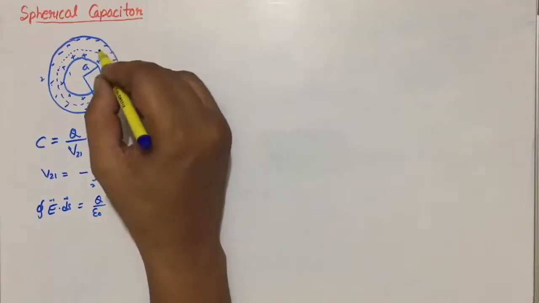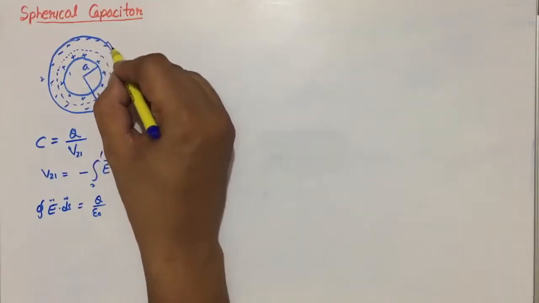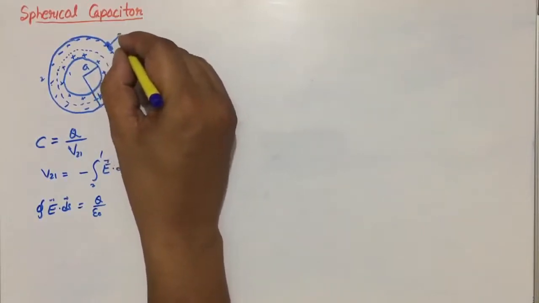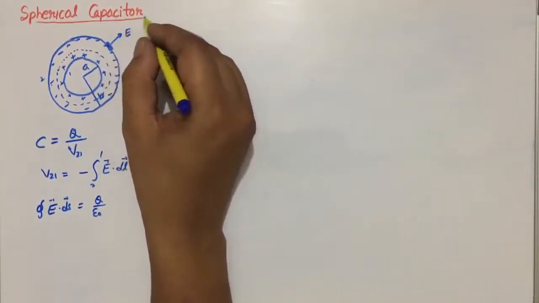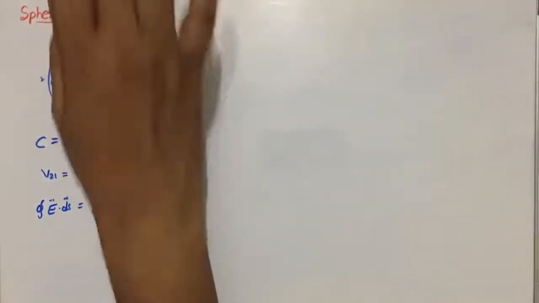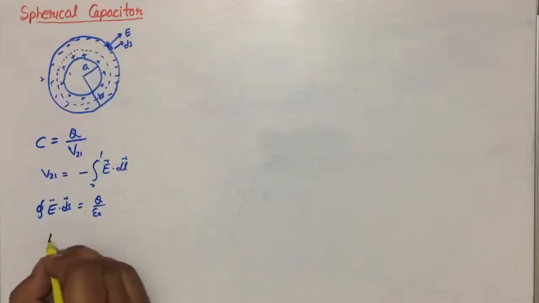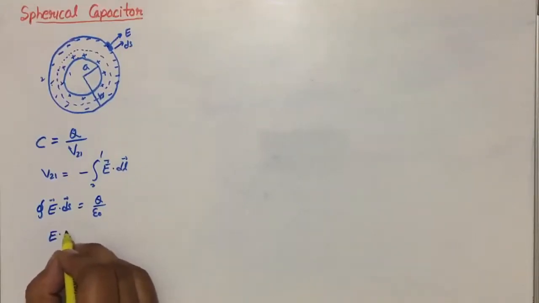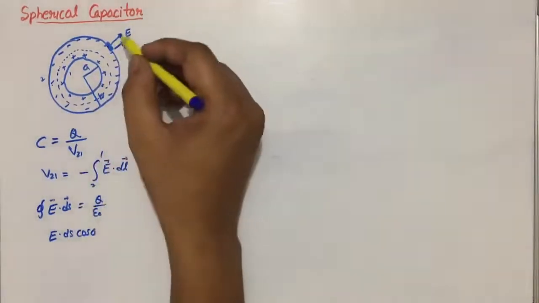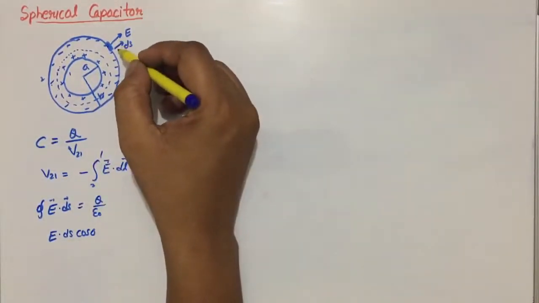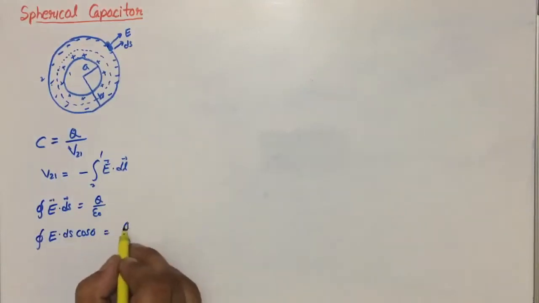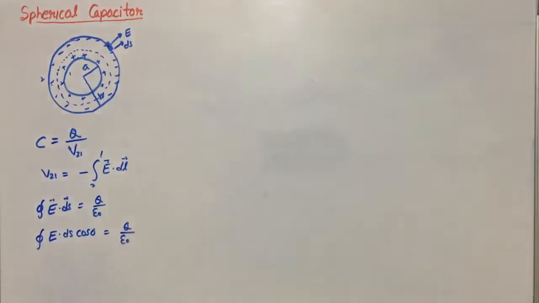So if we consider any surface here, then the field will be in this direction and ds will also be in this direction. So in that case it will be E dot ds cos 0, that is the angle between E and ds, for the closed surface, equal to the charge by epsilon naught.